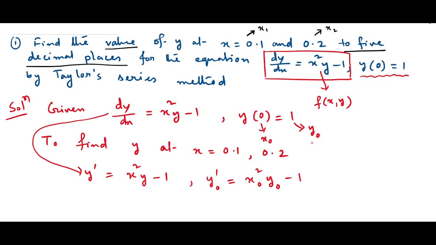What is x naught? X naught is already given in the question. See, x naught is 0 and y naught is 1. So if we put 0 in place of x naught, the first term will vanish, and you get only minus 1. So this is the value of y naught dash. Is it clear?